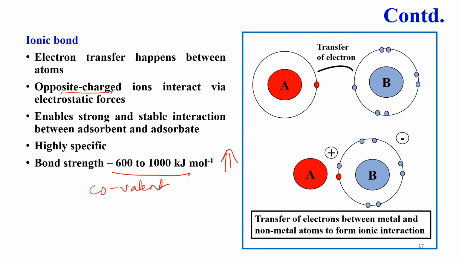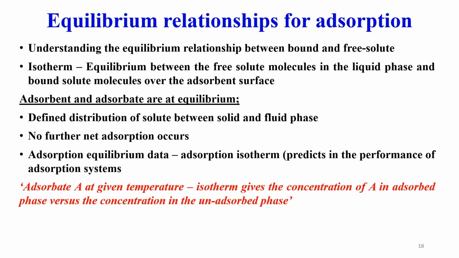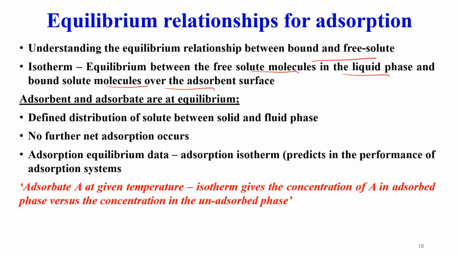Now, once adsorption is taking place, then with time it should reach equilibrium. So, further understanding the equilibrium relation between bound and free solutes: isotherm means the equilibrium between free solute molecules in the liquid phase and bound molecules over the surface of the adsorbent. Once equilibrium is reached, there will be no more adsorption; the adsorbent and adsorbate are at equilibrium.